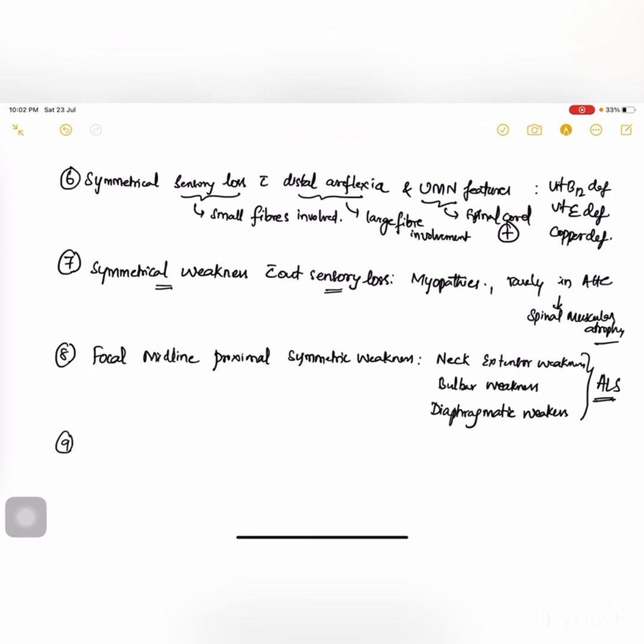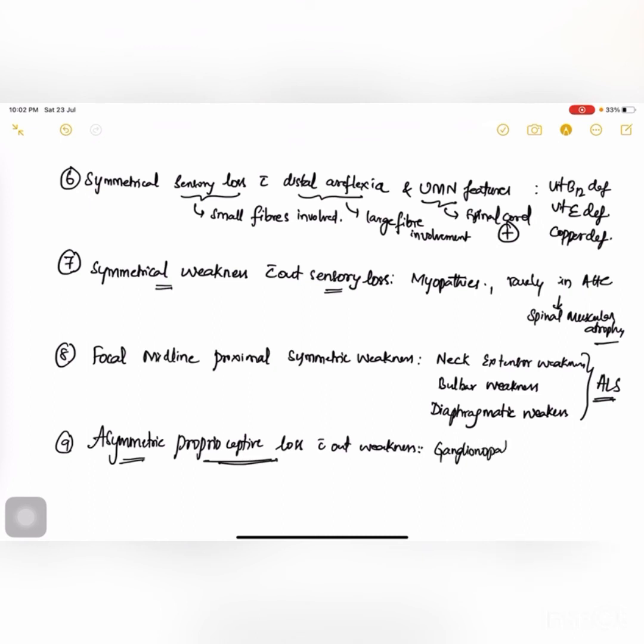The ninth pattern is asymmetric proprioceptive loss without weakness. Whenever we see proprioceptive loss and asymmetry, ganglionopathy should come to our mind.